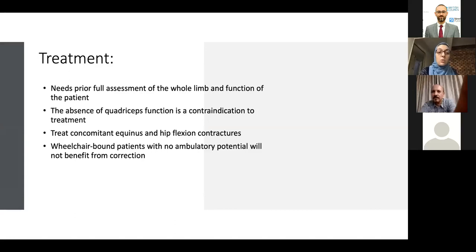A wheelchair-bound patient that is not able to stand, even with support, will unequivocally develop recurrence of the flexion deformity, because this child is sitting in a wheelchair all the time. So if you lengthen the hamstrings and do not provide standard therapy, as in physiotherapy sessions or a standard device at home where the child can actually maintain the upright posture and knee extension, recurrence will be guaranteed.